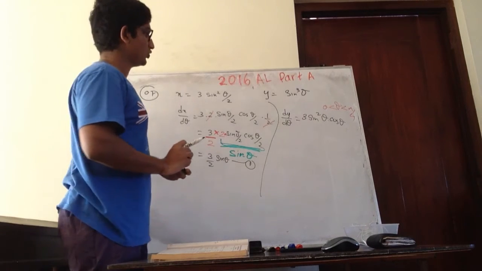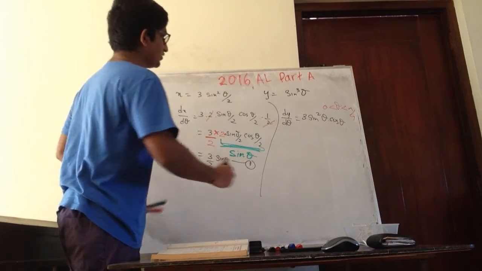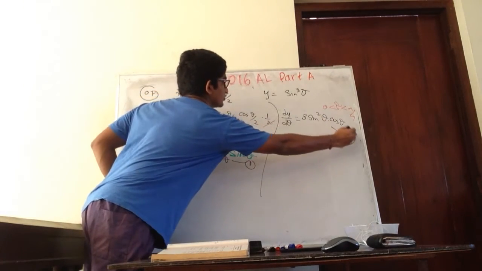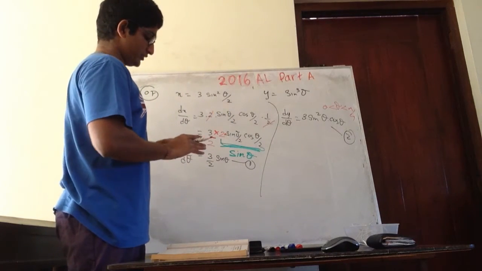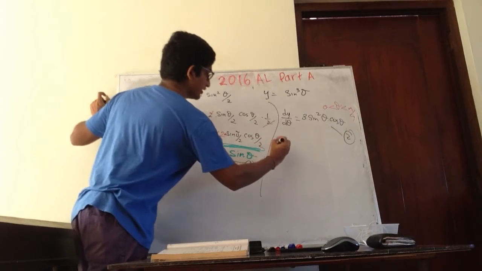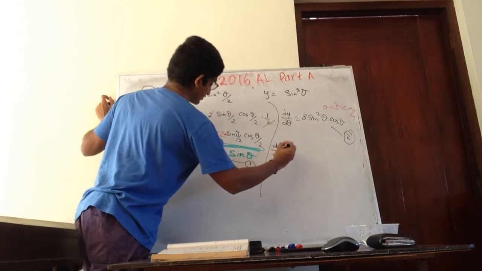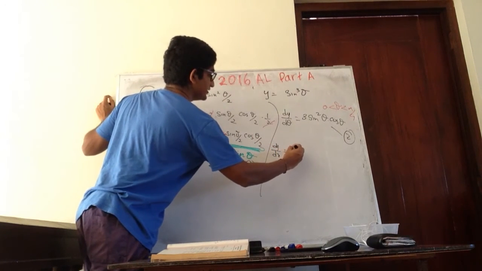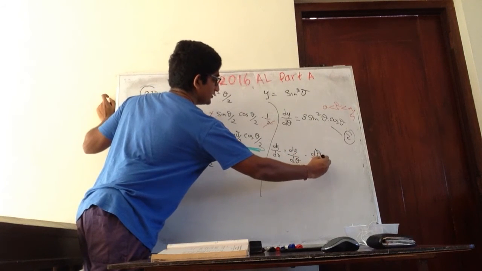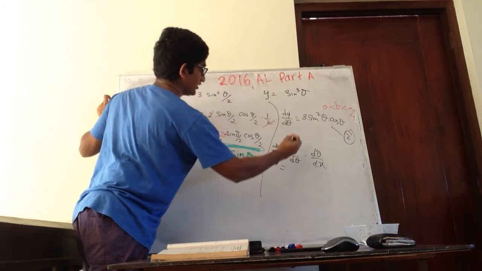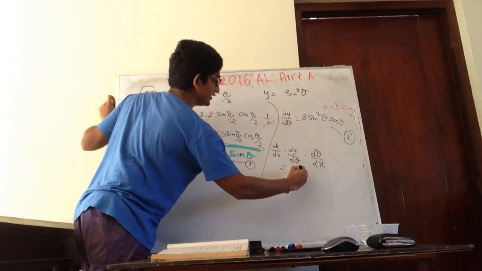So now we know this is 2. So now dy over dx is dy over d theta into d theta over dx. What is this?